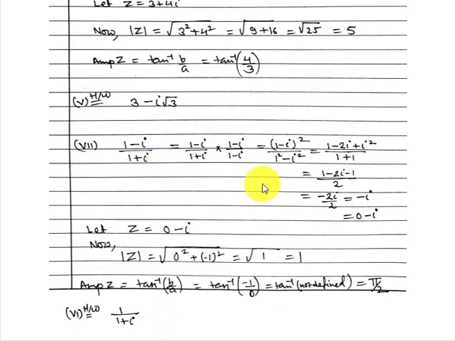So rationalize it. After rationalizing it, you will get minus i. That means this becomes 0 minus i. Here we don't have a, that means a must be 0, so you can write 0 minus i. So here a is 0 and b is -1.